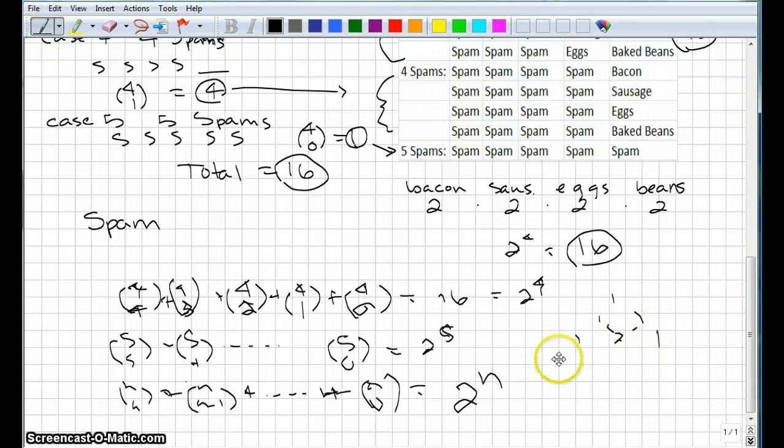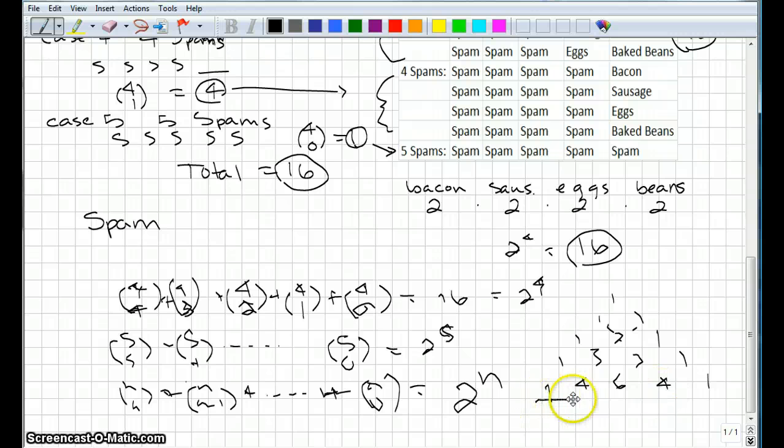This looks like a really bad Pascal's triangle, but 1, 3, 3, 1, 1, 4, 6, 4, 1. Does that look familiar? That's what we got up here for 4 choose 4, 4 choose 3, 4 choose 2, 4 choose 1, 4 choose 0.